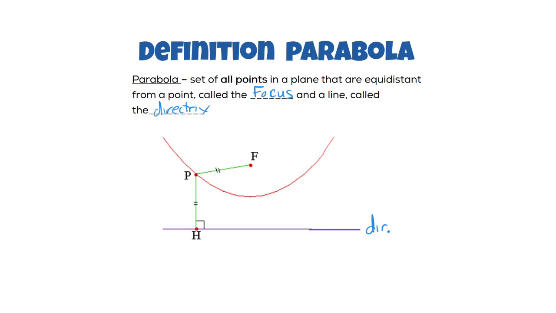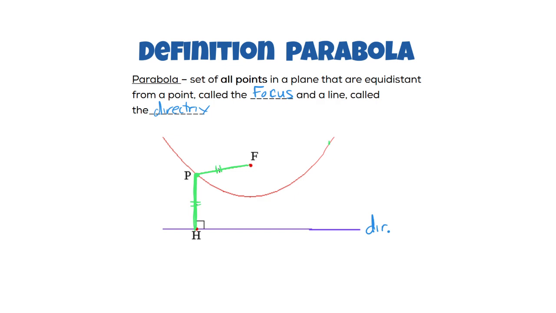So this line down here is the directrix, and then I have a point here, the focus. Now, every one of the points that fall on this parabola, P, for example, if you were to measure, and you'd always go perpendicular because that's the shortest distance to that line. If you were to measure that and then measure to the focus, those two would always be the same.